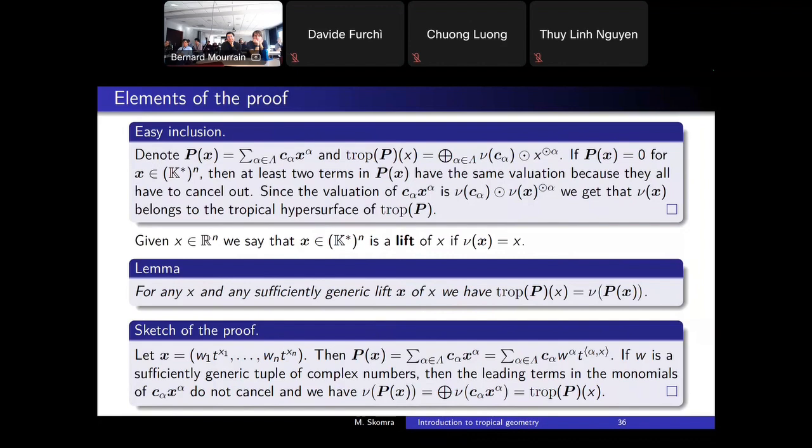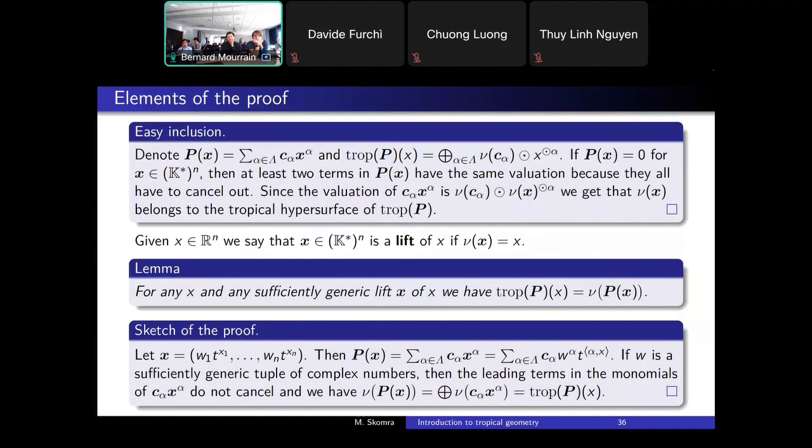Well, I cannot have cancellation of any terms, to be honest, if this is sufficiently generic. So in particular, the leading terms in the monomials cannot cancel. So since leading terms cannot cancel, the negated valuation of the entire thing is the maximum of the valuations, right?